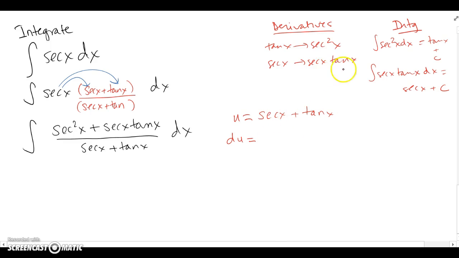The derivative of secant x is secant x tan x, plus the derivative of tan x is secant squared x. So it actually had the denominator, which was fine. All these ideas helped me out, because if I let u be the denominator, the du pretty much pops up what I have sitting in the numerator.